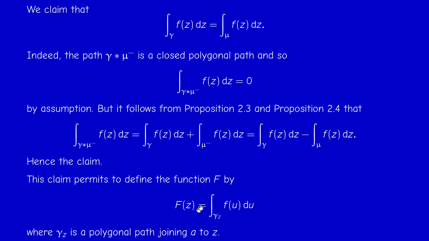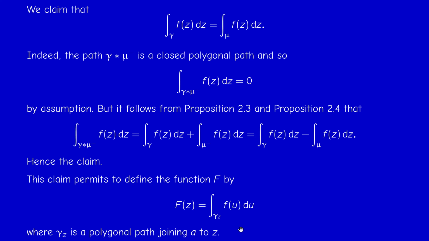Then you get a function that depends only on Z, and on A of course, but A is fixed during this discussion. So when Z varies, I really get a function of Z, the endpoint of the path, because if you choose another path, you get the same result. So it's a function now. And now I will prove that this function, capital F, is holomorphic and its derivative is small f.